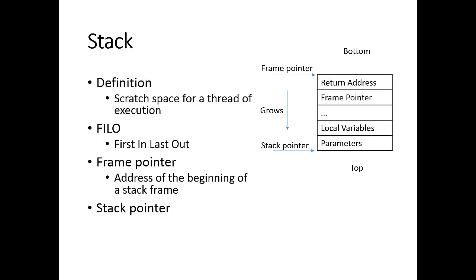It's really pointing to the physical address of the beginning of that particular stack frame, a unit of stack area holding information for a function. And stack pointer constantly moves to point to the end or the top of your stack frame, as you can see in the picture, and the stack grows downwards, as you can see also in the picture.